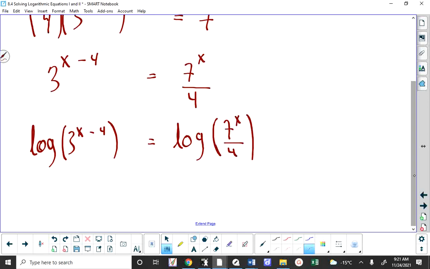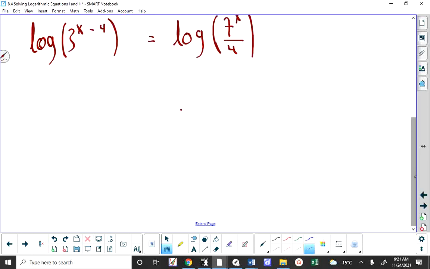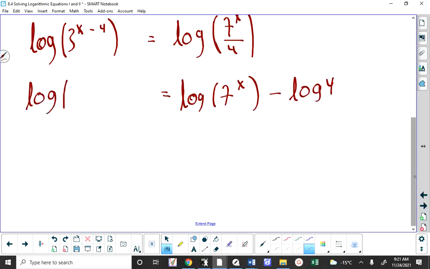And when I rewrite the right-hand side now, since it's a quotient, I'm going to use the quotient rule, which means I can write it as a log of 7 to the x minus the log of 4. And this is equal to the log of 3 to the x minus 4.